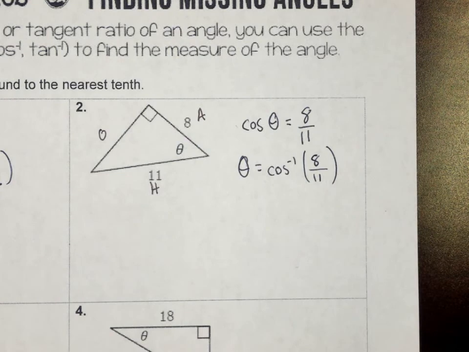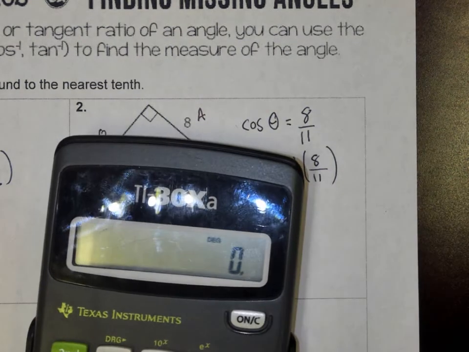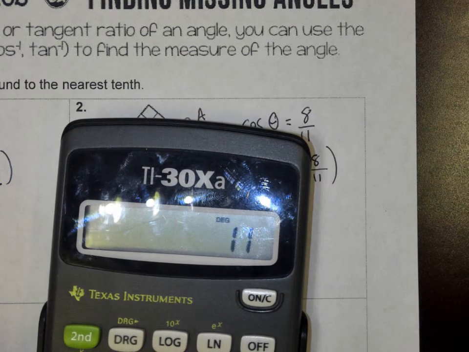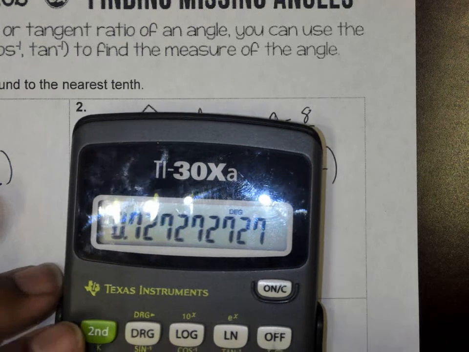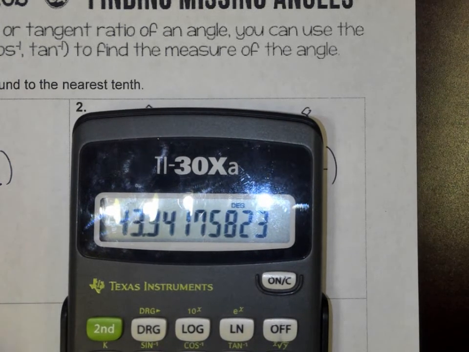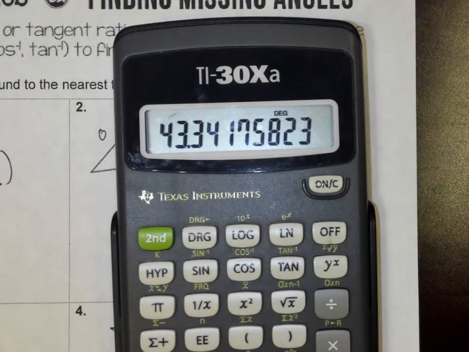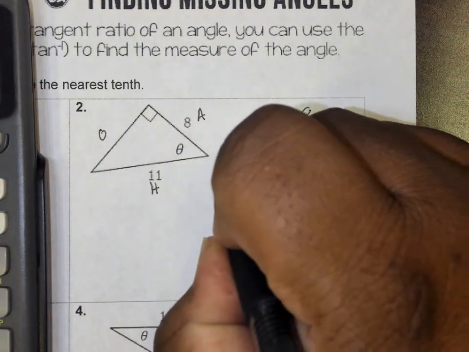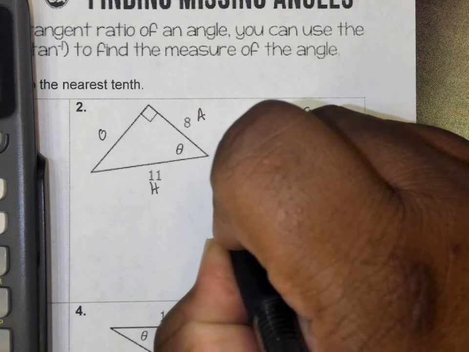Do it in the calculator. Just make sure you do the inverse of cosine on this one. So on this one, doing 8 divided by 11. Get my decimal, second, and I'm doing cosine inverse. 43.3 degrees.